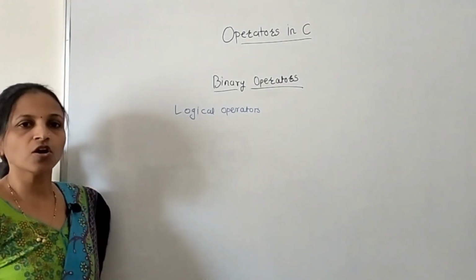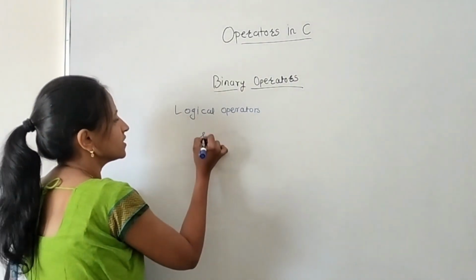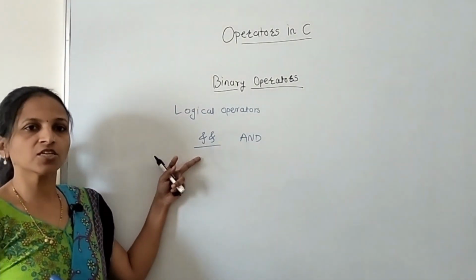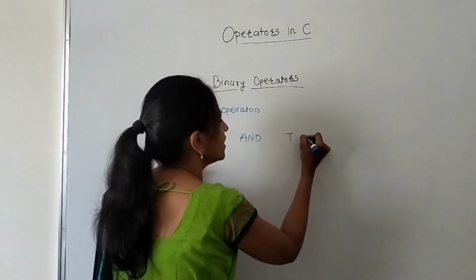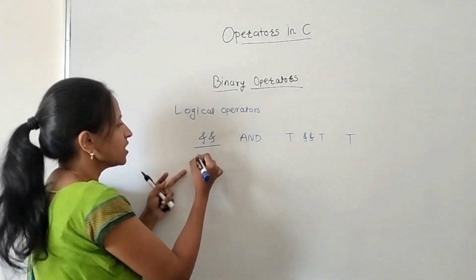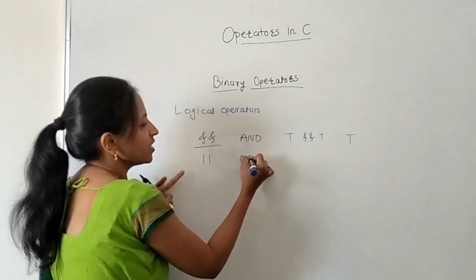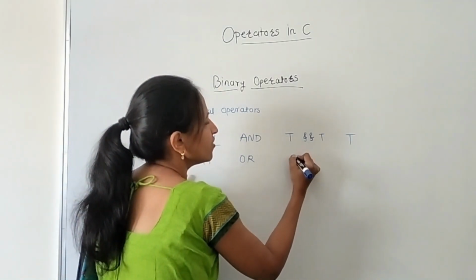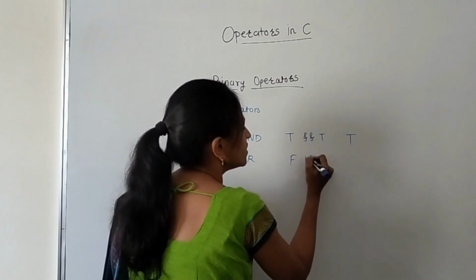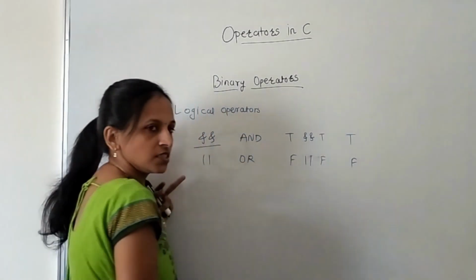Now these are all the logical operators. The first one is AND. If both the operands are true, then only it will return true, otherwise it is false. Logical OR: if both the operands are false, then only it will return false, otherwise it is true.